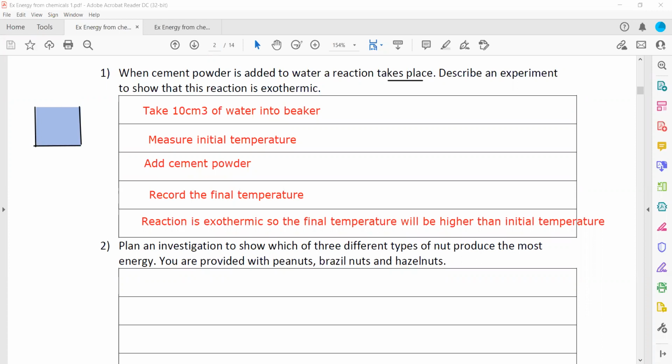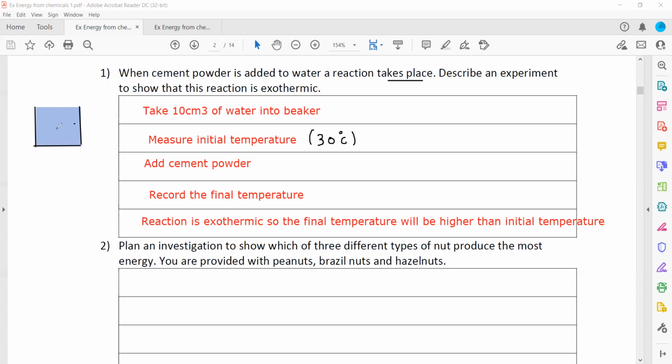We don't have to mention any value, but I'm just using numbers here. Example, the initial or starting temperature was 30 degrees centigrade. Then we add cement powder, because we want to show that when we add cement powder to water, the reaction is exothermic.